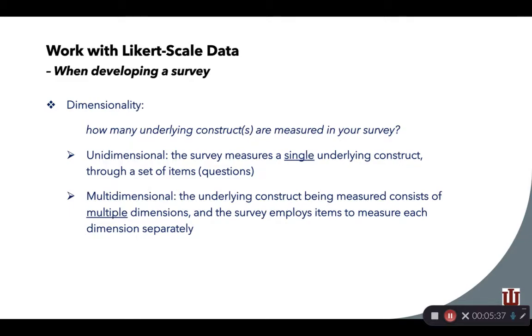I think this is the most commonly seen type of survey, meaning the survey measures a single underlying construct using all the survey questions. And the second type is obviously the multidimensional, meaning the underlying construct being measured consists of multiple subdimensions. And the survey questions use a different group of questions to measure each of the dimensions separately.